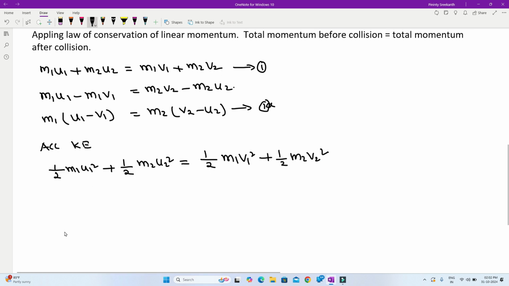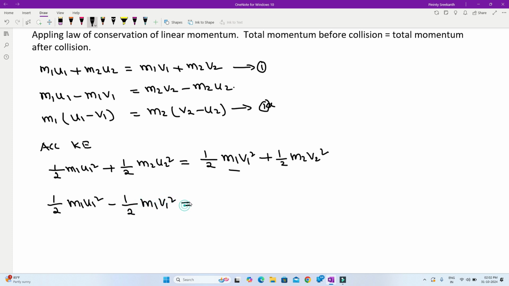Again simplify this equation, that is half m1 u1 square. Now write this m1 term this side, it is half minus half m1 v1 square is equal to half m2 v2 square minus half m2 u2 square.